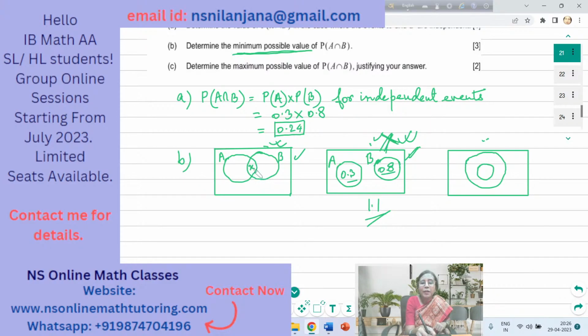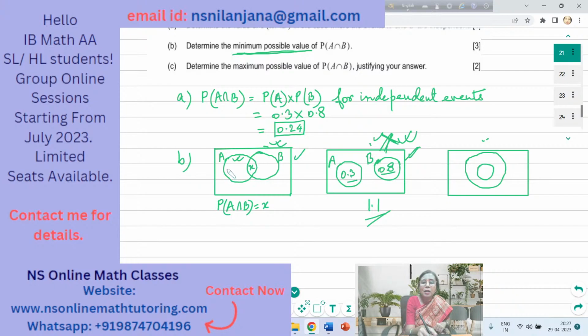The overlapping region's probability is X, so P of A intersection B is equal to X. And this one is A happening but B not happening.